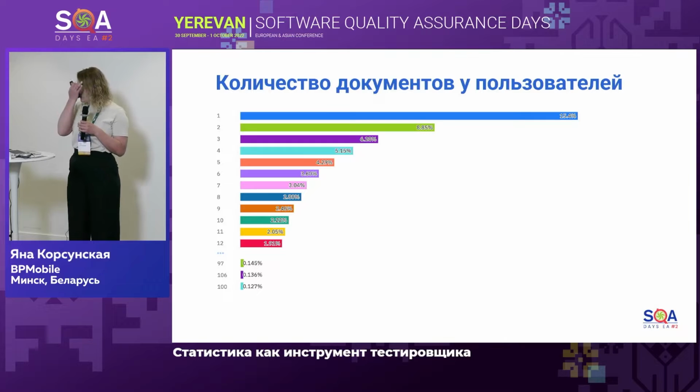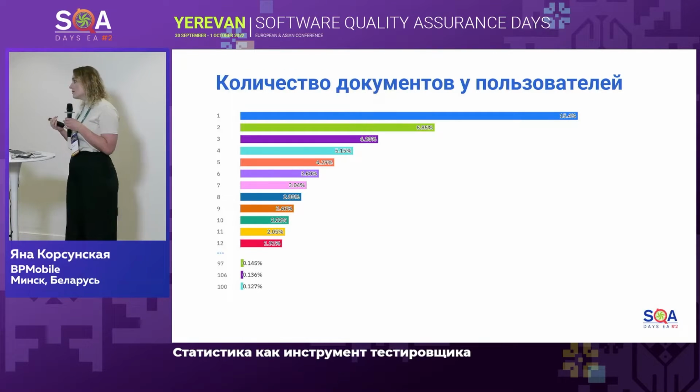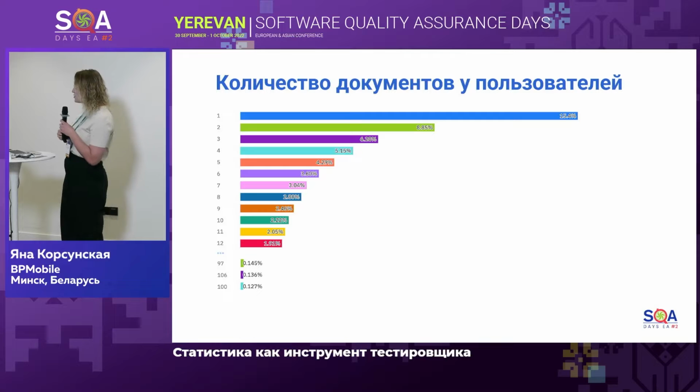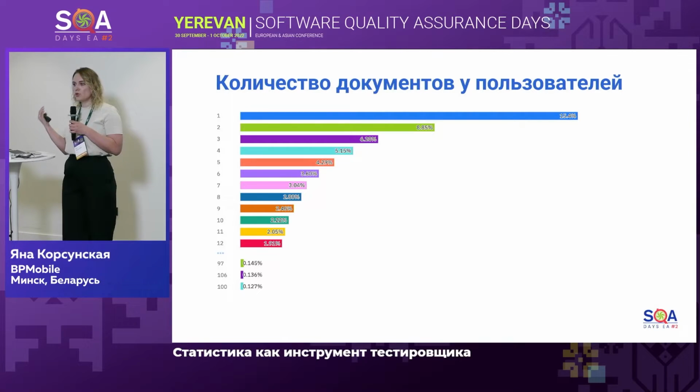In this case, the first and most important statistics data will be data about the number of documents that users have. You may not see it very well, but I'll describe it. Here we have statistics for a period. This is real statistics.